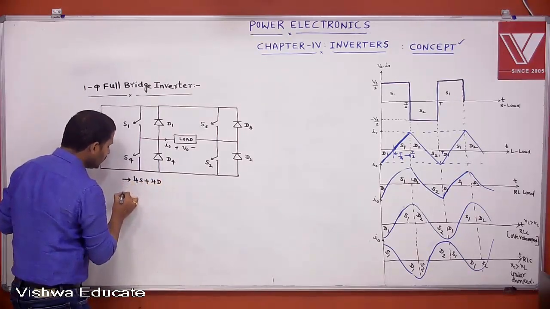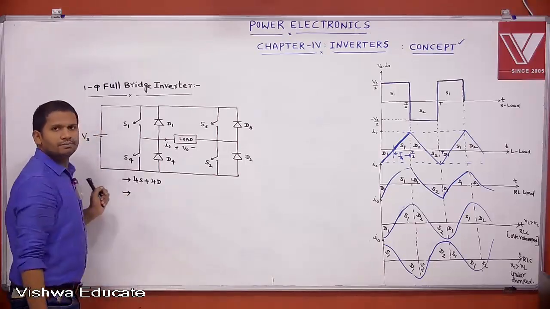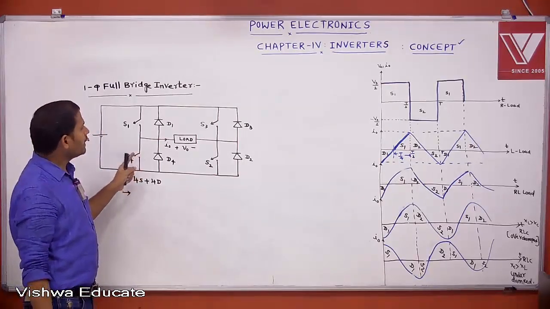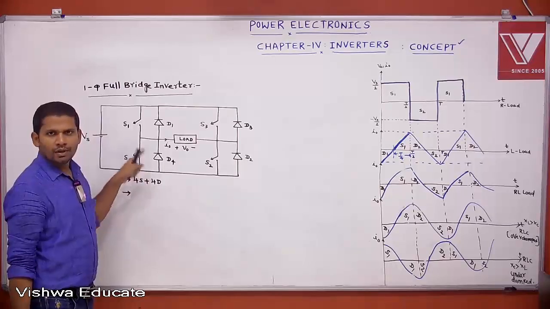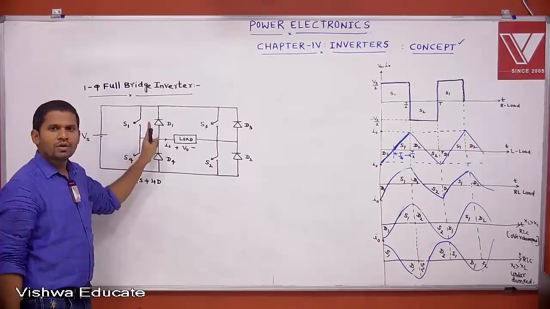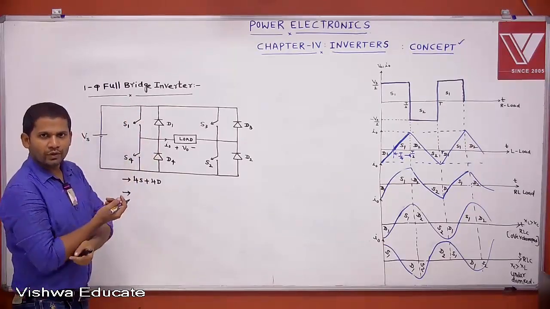As compared to the half bridge inverter, the number of devices is double, where there were 2 switches and 2 diodes, but here 4 switches and 4 diodes.